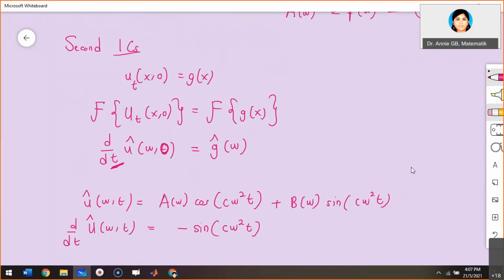So saya ada negative C. Jangan lupa A. Saya nak tulis dulu, lepas tu you bagi tahu saya betul ke tidak apa yang saya buat ni. So kita akan dapat negative A C omega squared sin. Betul tak? Kalau kita differentiate ni respect to t. Thumbs up if you agree with me.